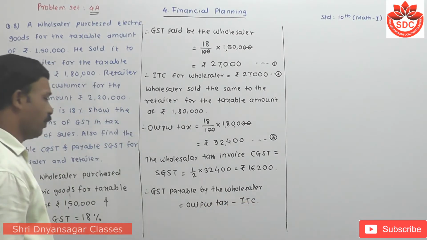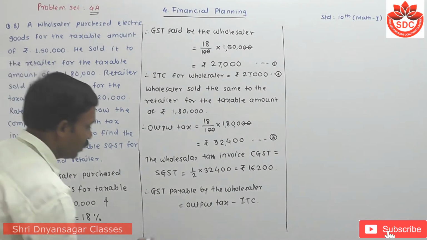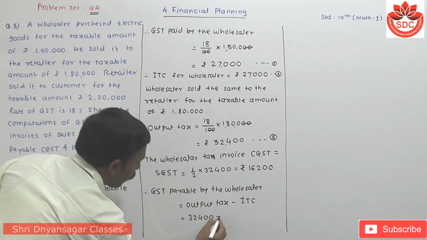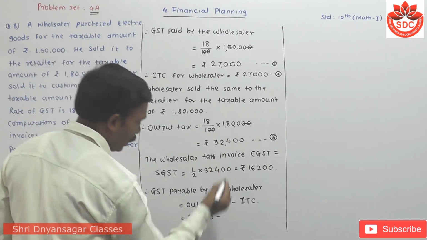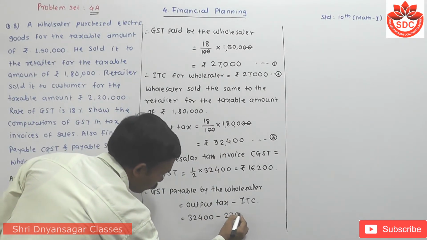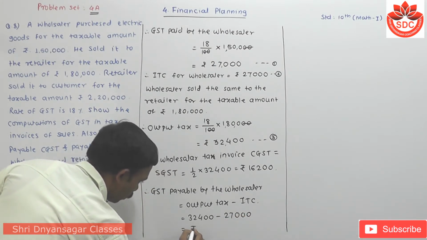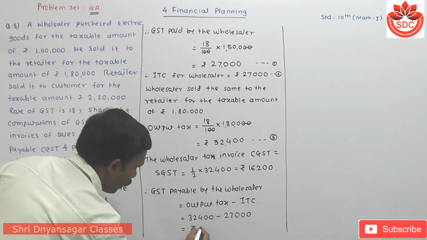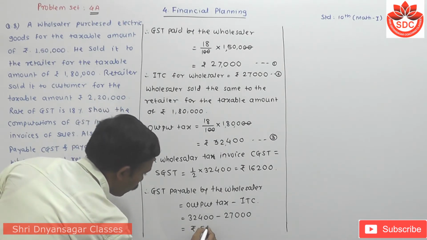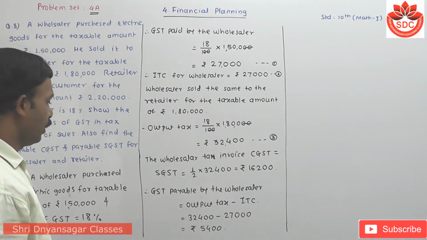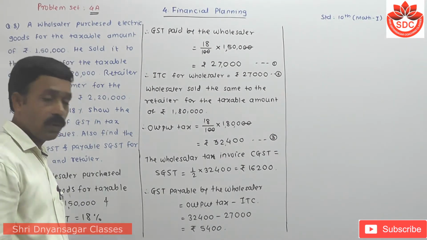This is the formula for GST payable. So this one is 32,400 minus ITC 27,000. This subtraction is also simple, it is rupees 5,400. This is the GST payable by the wholesaler.